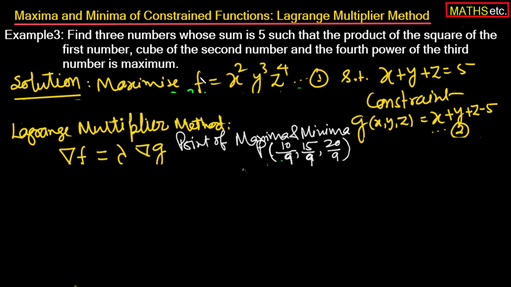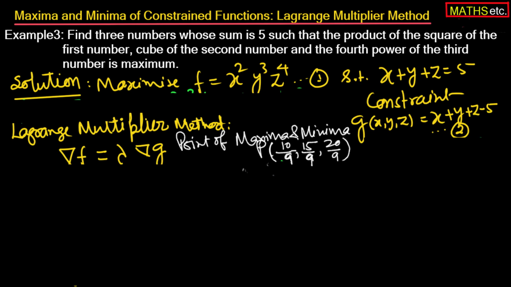It means at that point x, y, z, the value of the function will always be less than the value of the function at this point of maxima, right? Because in the Lagrange method, the maximum value is always the absolute maximum value. It means the function cannot have a value greater than the maximum value at any other point.